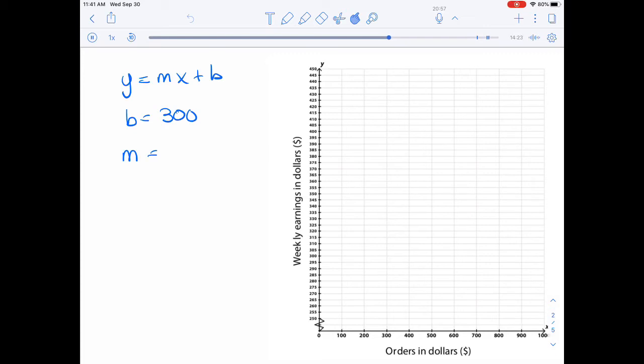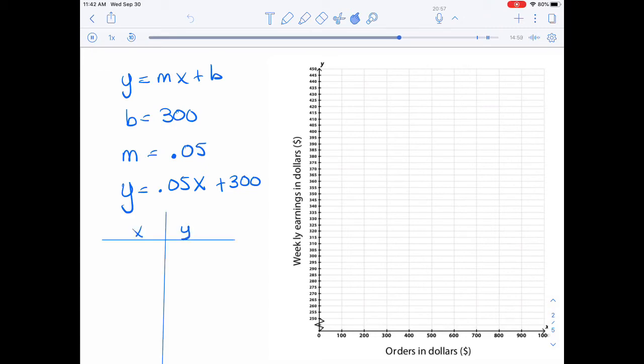That means 5 out of 100, which is equivalent to 0.05. So our equation becomes y is equal to 0.05 times x, x being the total cost of each order she delivers, plus the $300. Let's create a table of values.